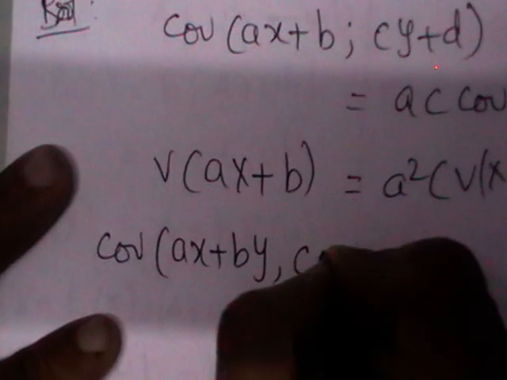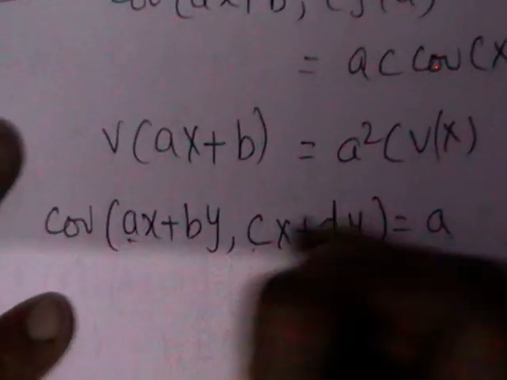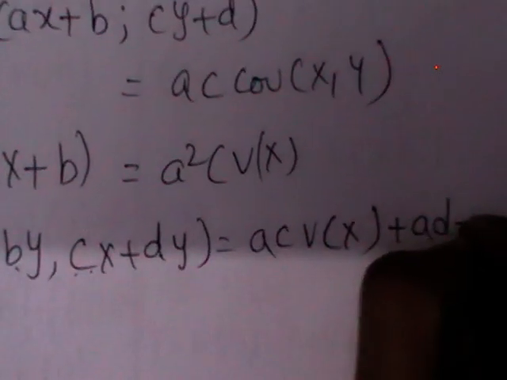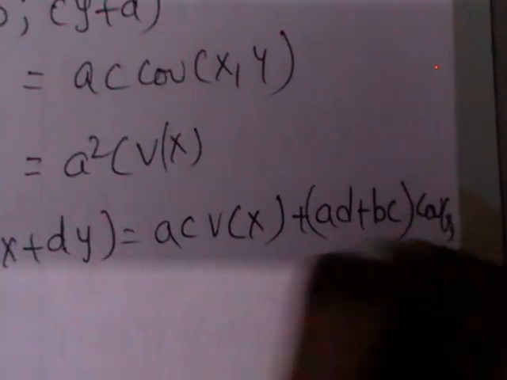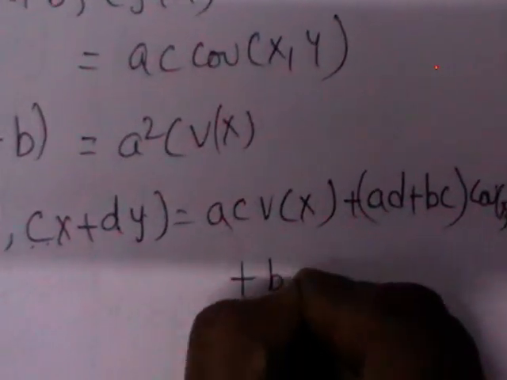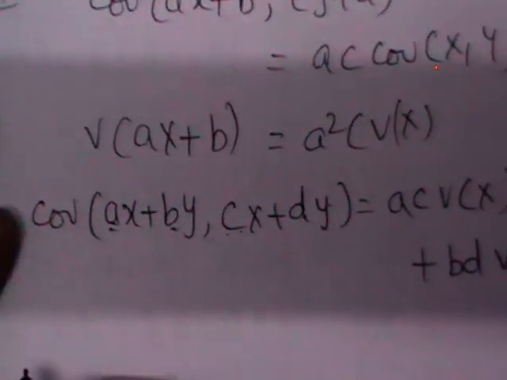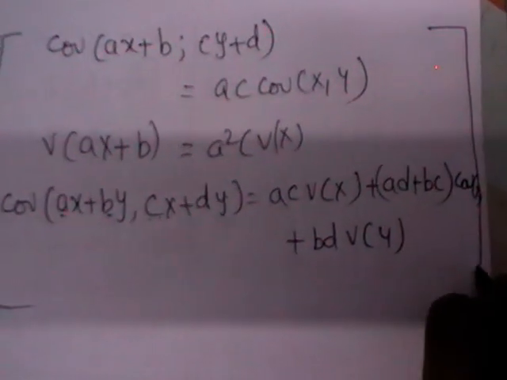You know already these results: AC variance of x, AD plus BC covariance of x comma y, and with y you have BD into variance of y. These are the results on x comma y. We are going to use these 3 results in the upcoming problems.